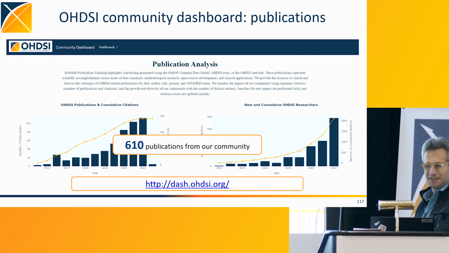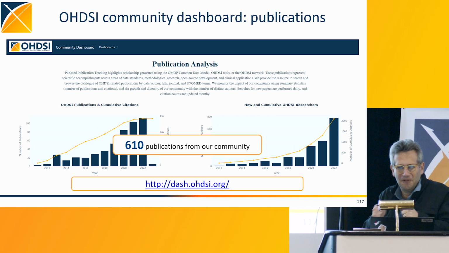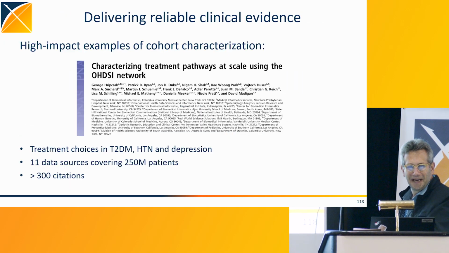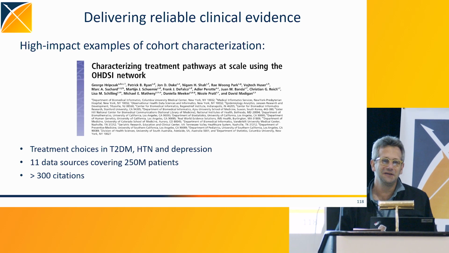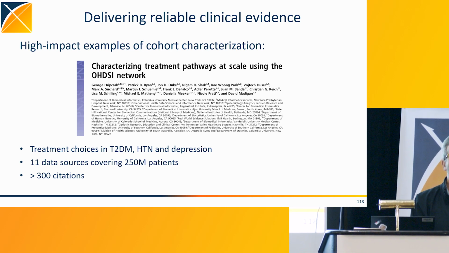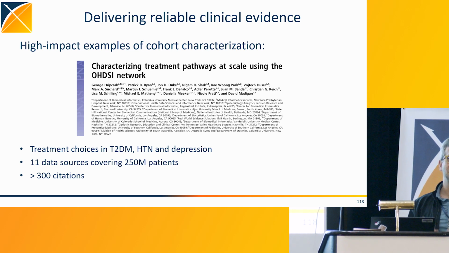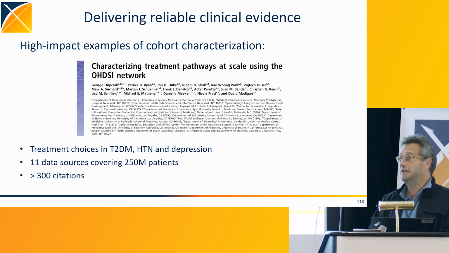So I look at 600, well, I like to use informaticists, which is why I come and I grab them from the community, but it's not really my shtick. Right? My shtick is how can we really deliver reliable clinical evidence so that we can achieve our mission of providing the evidence that allows patients and providers to make the best healthcare decisions for themselves and for individuals for whom they are caring.